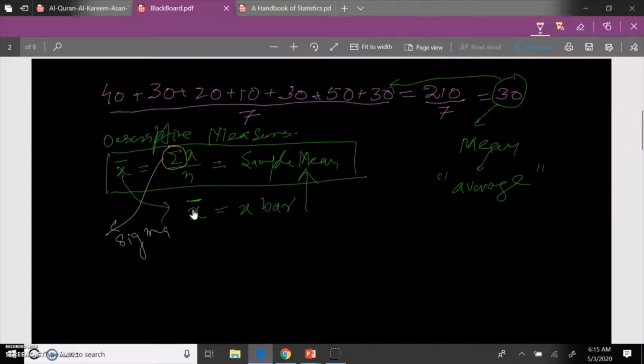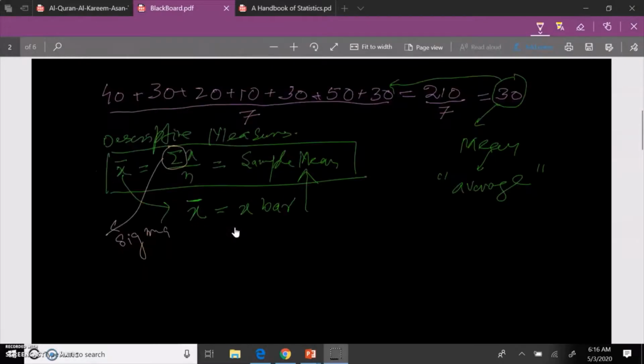We use this symbol commonly in statistics, right? So x bar is equal to sigma x. Add all the x values, divided by the total number of observations, and this is called the sample mean. The symbol for that is x bar, which is the sample mean. Okay, so we know what the sample mean is.